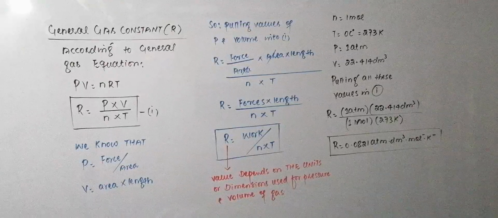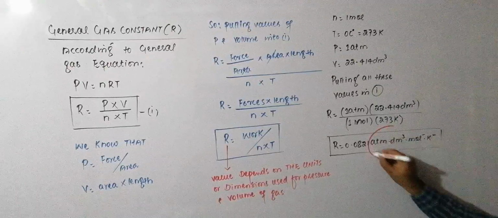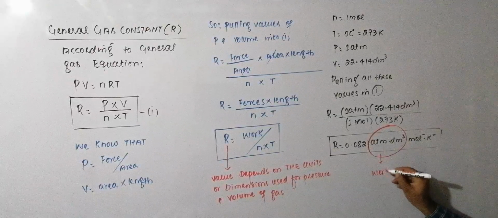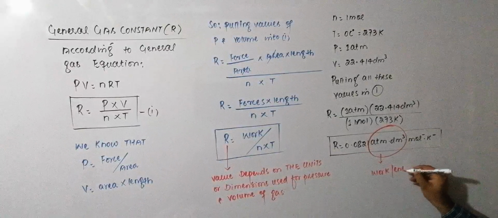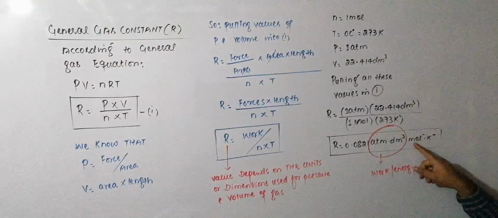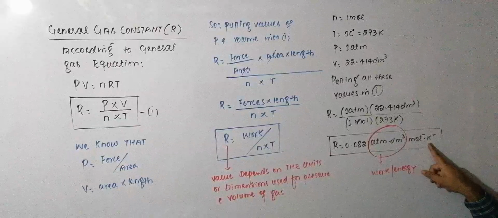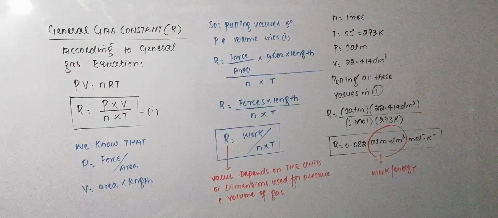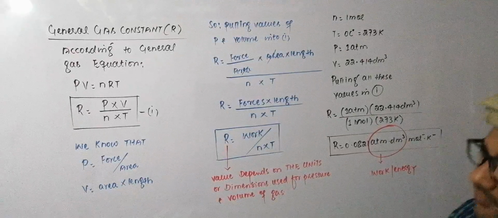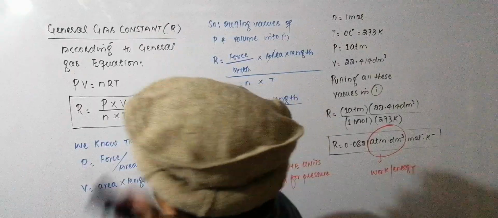And what is meant by atm decimeter cube? This is actually the unit of work or energy. So if we have 1 mole of a gas and we want to raise its temperature by 1 Kelvin, then 0.0821 atm decimeter cube of energy is required, or this is the amount of work that will be performed.